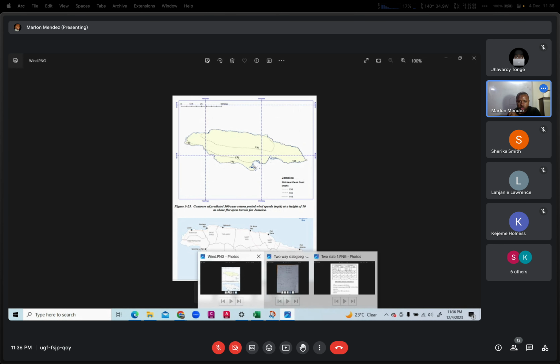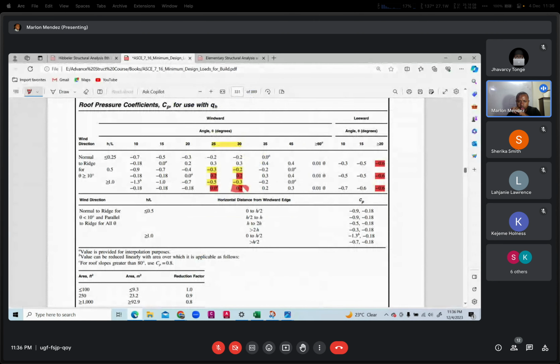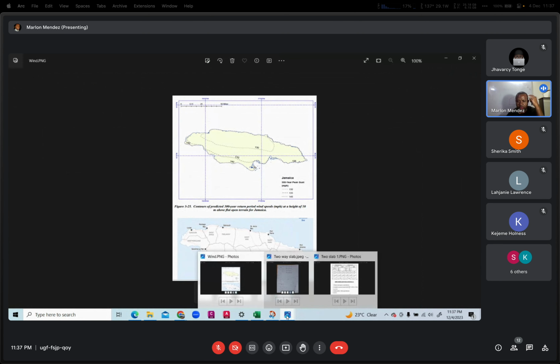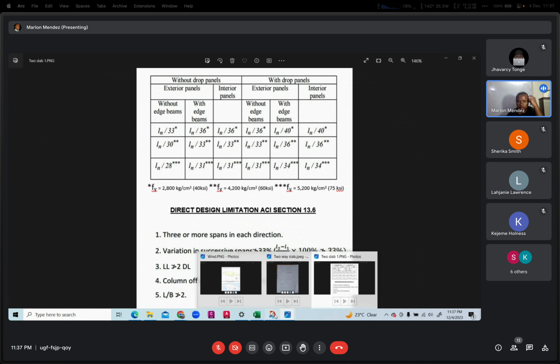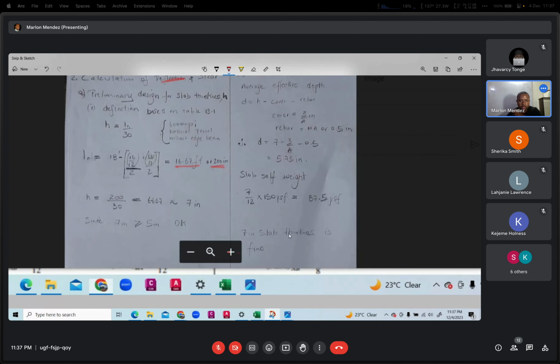So in terms of approaching that, when we did the clear distance, which is supposed to be in inches, divided by 30, you get this. So you round it up, you get 7.